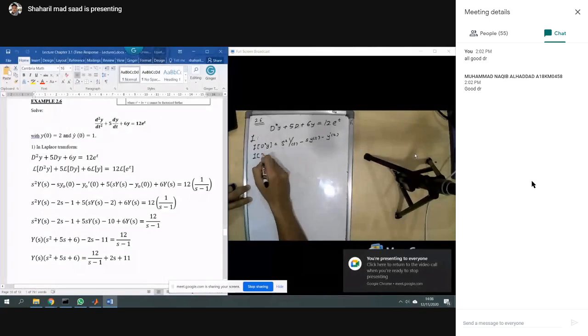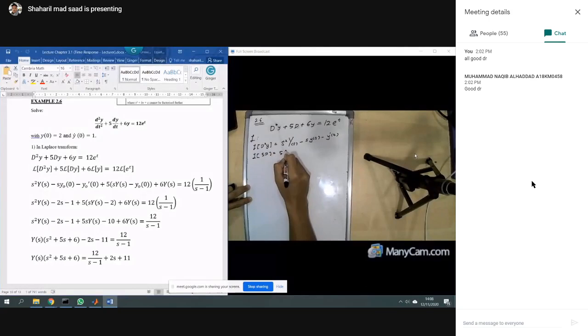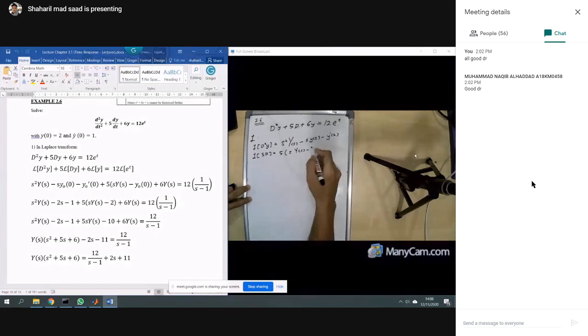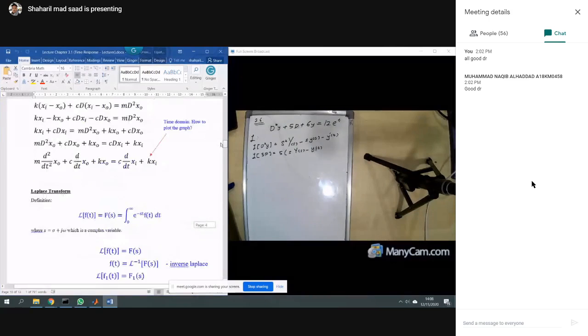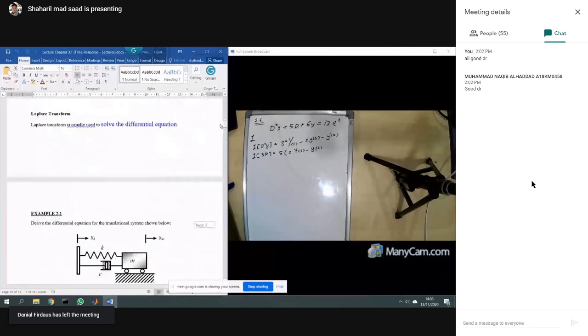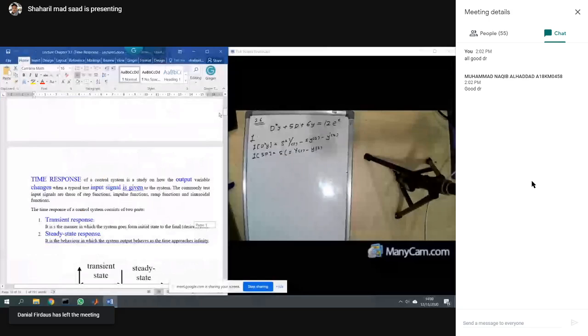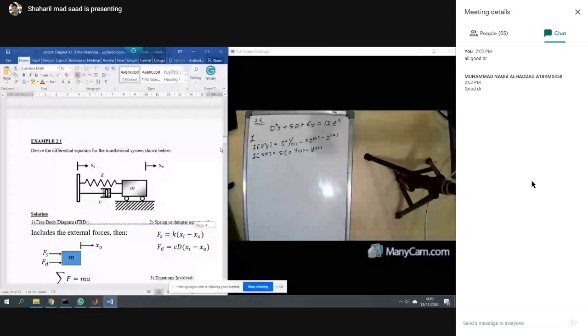When you Laplace 5 dy/dt, it becomes 5 multiplied with s Y(s) minus y(0). Why do we call it y naught? Okay. When you look at the table, where is the table?